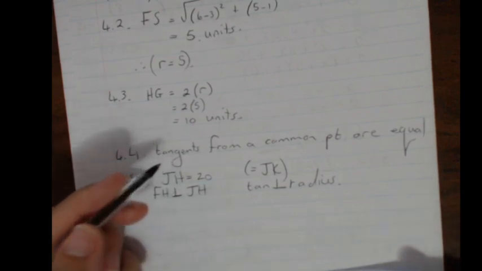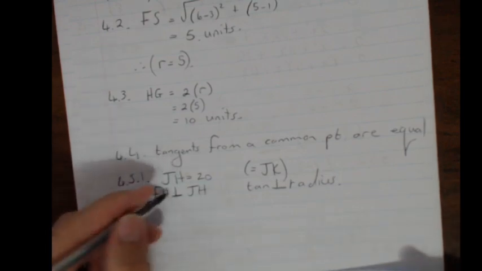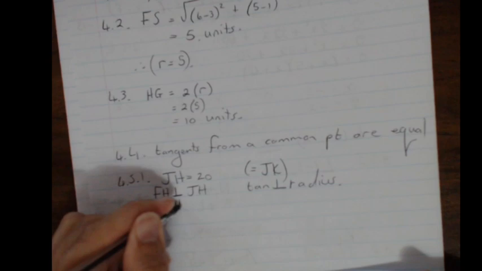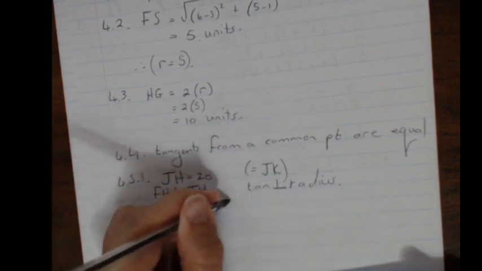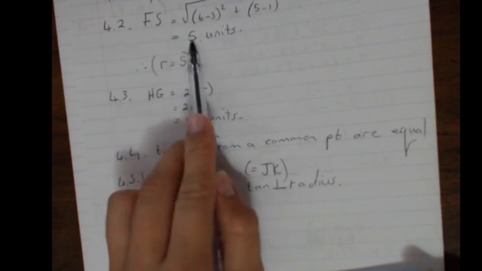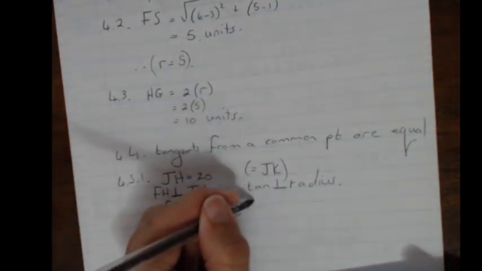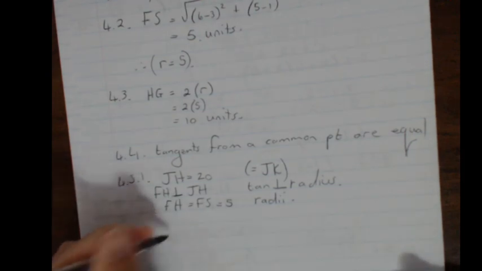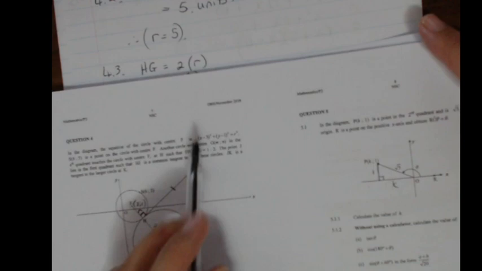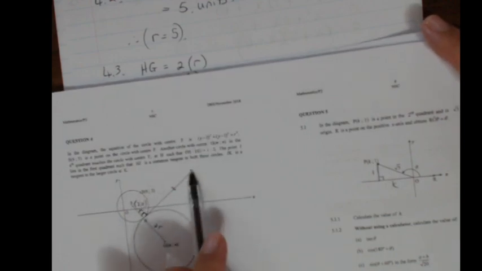Right, I have JH is 20 and FH is equal to FS, which is 5. I worked that out earlier because the radii are equal. So FJ, which is the one I want to work out, is the hypotenuse of that triangle.